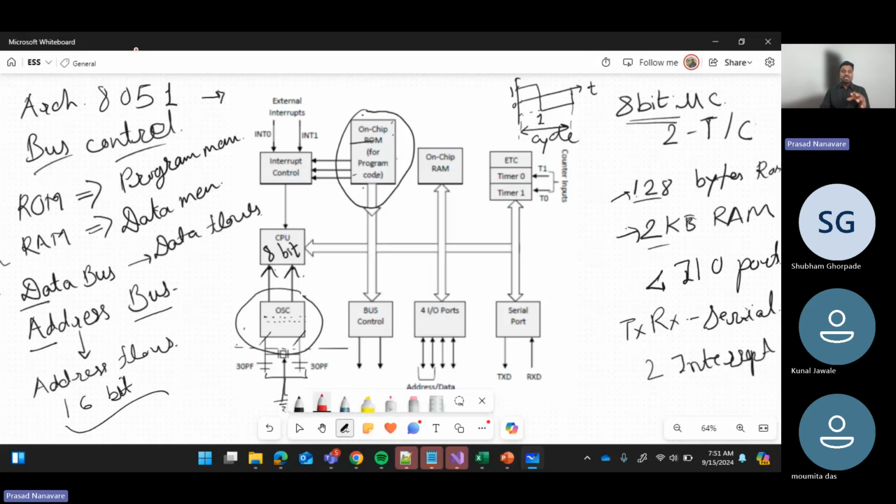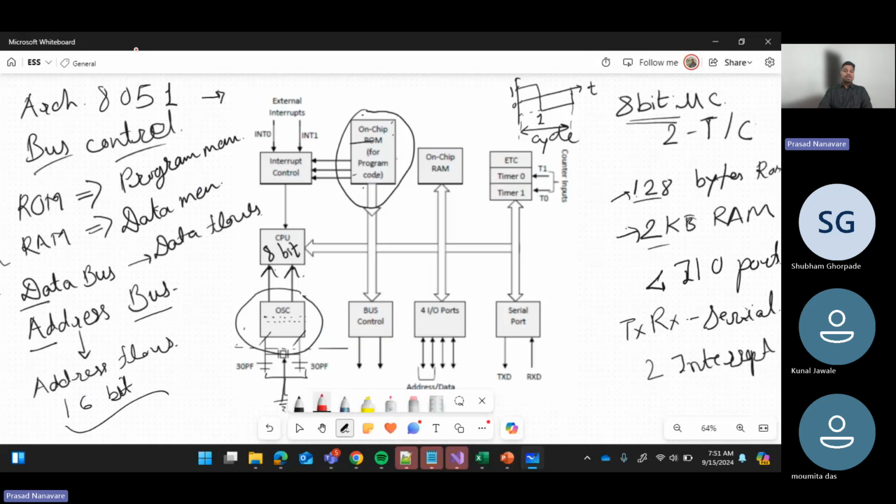First, we'll go for assembly level coding. We'll learn the instruction set, and to write code in assembly language, you basically need to know the hardware well. That's why we are learning the hardware part as well. So this is about on-chip ROM and the bus control.